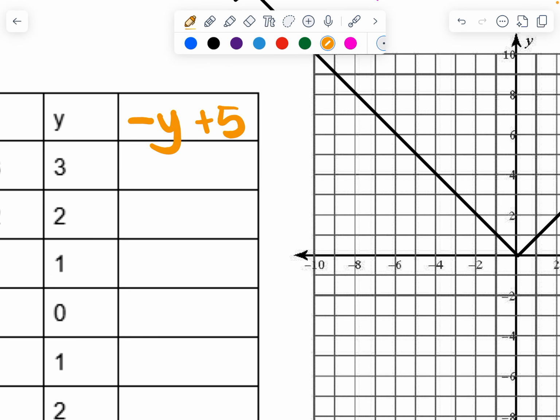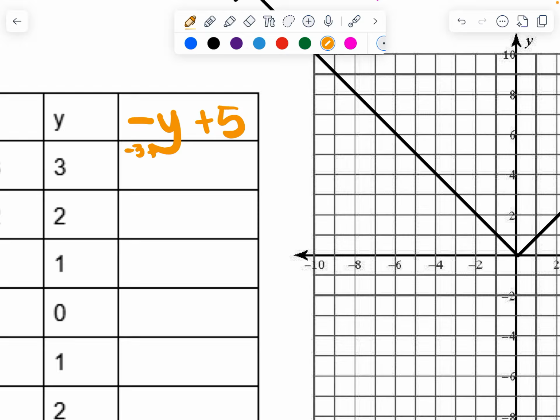So -3 and we're adding 5. So that's going to get me to -2 plus 5. Try that again. Why did I do -3?